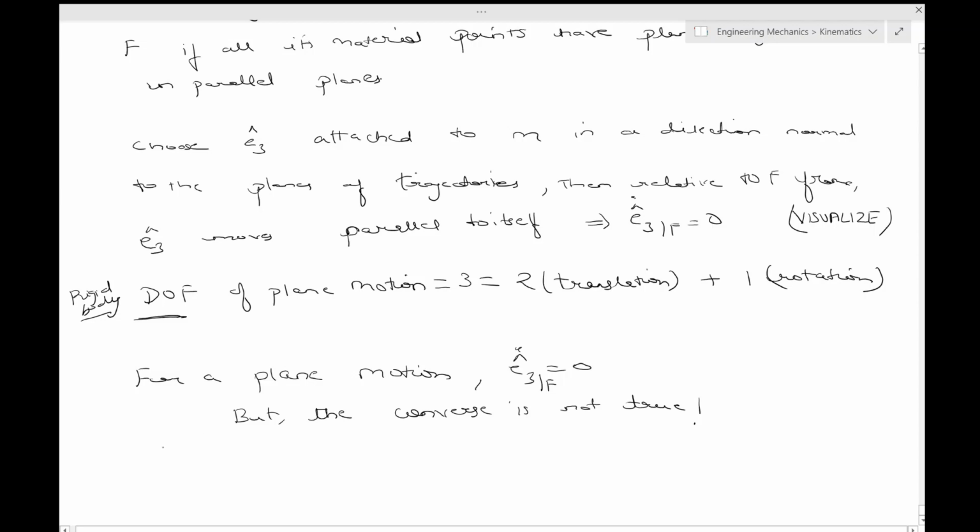The example of this, we have seen this several times, is the motion of a nut. It goes without saying that everything in our course is actually rigid. So the motion of a rigid nut on a fixed bolt is not plane. We had seen that it was a general motion.